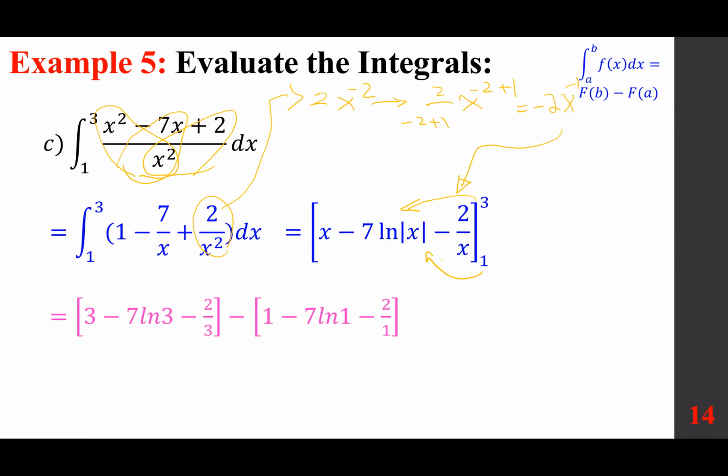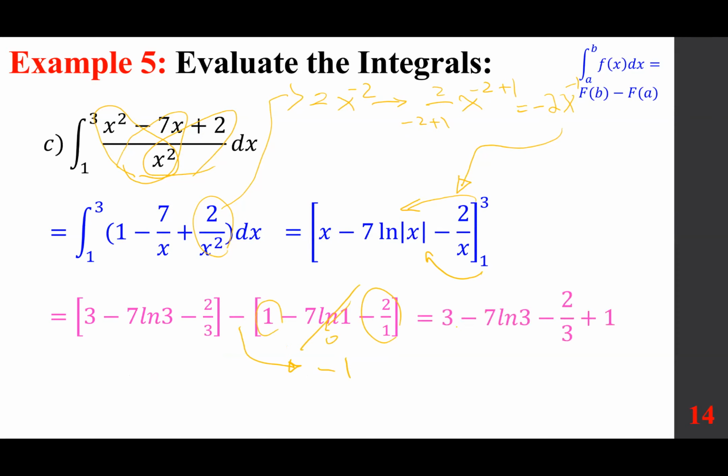Let's see what happens. So this one, as you know, ln 1 goes to 0, so this is gone. Then we have a 1 and minus a 2. That gives us negative 1. With this negative, it gives us plus 1. So let's repeat the first brackets, and then we add 1.